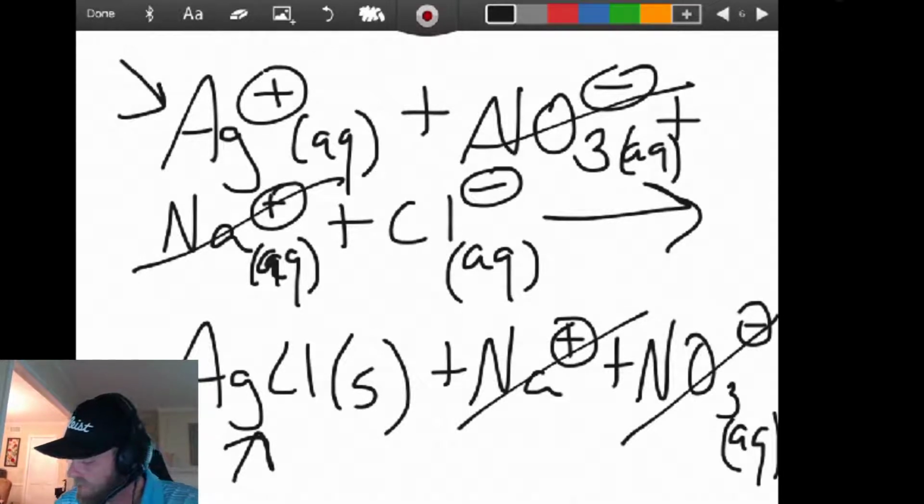Okay, so the chloride also changes charge. It's negative on the left side, but when I hook it up with the silver, they share those electrons in what's called a covalent bond, and it's no longer negatively charged. They share it and they're balanced. Okay, so there's no charge.